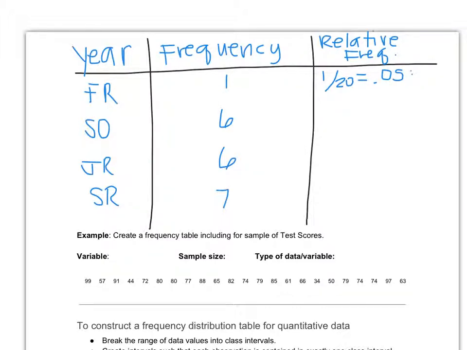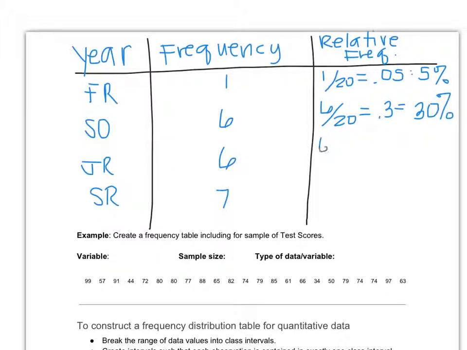Move the decimal place over 2 and put the percentage symbol on it, and we get 5%. Having trouble getting my percentage. There we go. All right, relative frequency for sophomores, we take 6/20. Plug that in the calculator. For decimal, we get 0.3. Move the decimal place over 2. We get 30%.